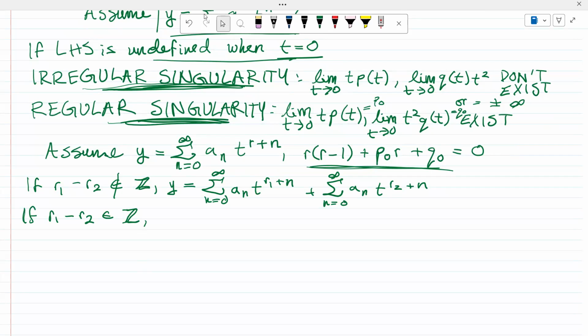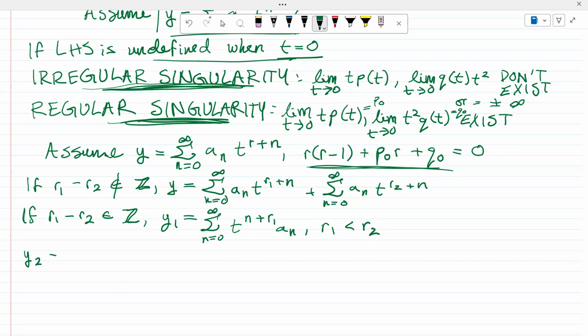We say that y1 is equal to the series from n equals 0 to infinity of t to the n plus r1 times a n, where r1 is less than r2.